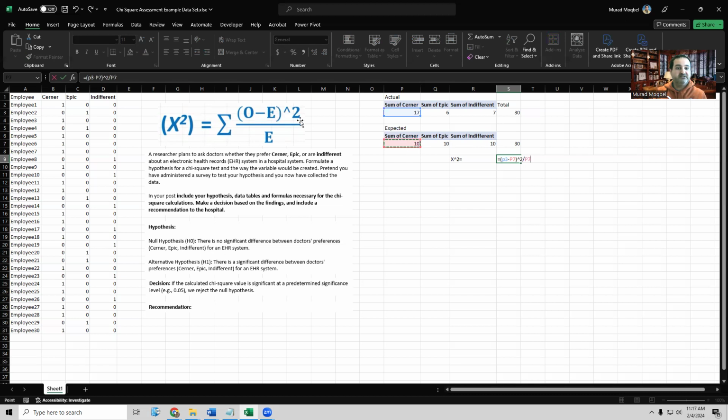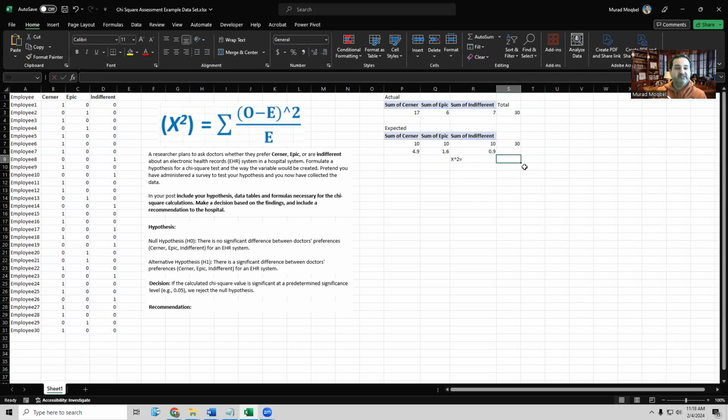So this is basically the function. And in order to make it easier, what we can do is include this function here, so that it can calculate it for us.